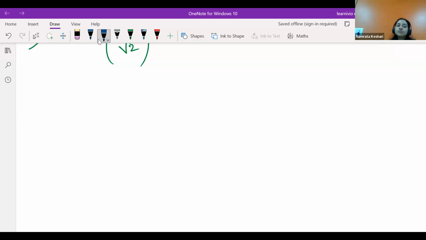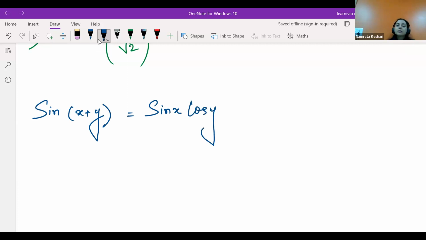Okay. So the first formula is the formula for sine of x plus y, or you can also call it a plus b, whatever you say. The formula is sine x cos y plus cos x sin y. This is our first formula.